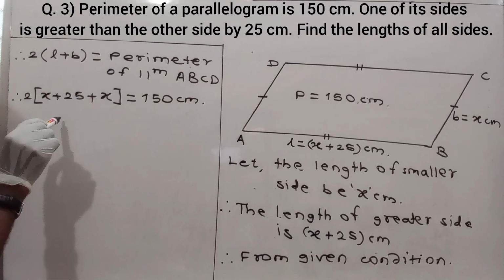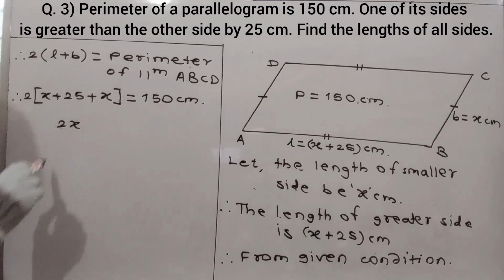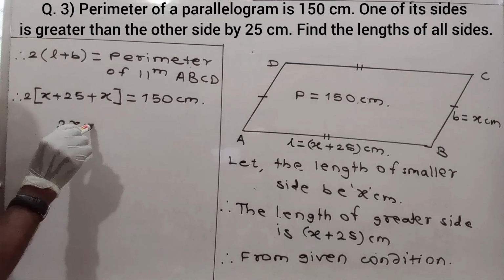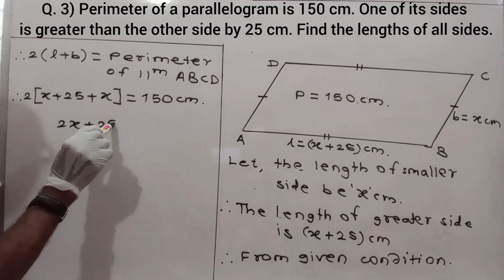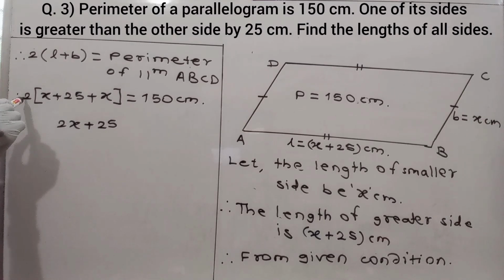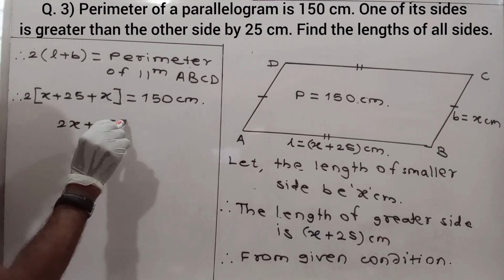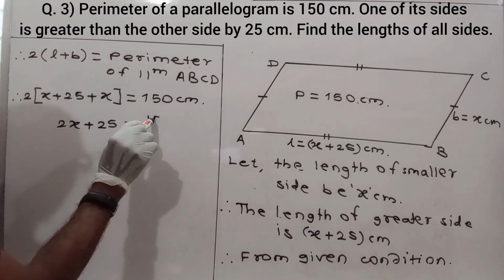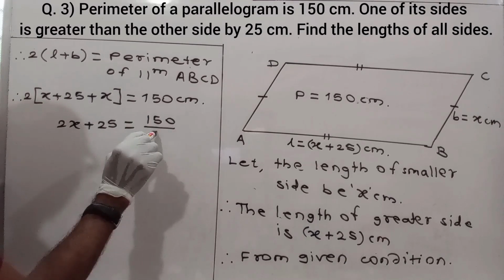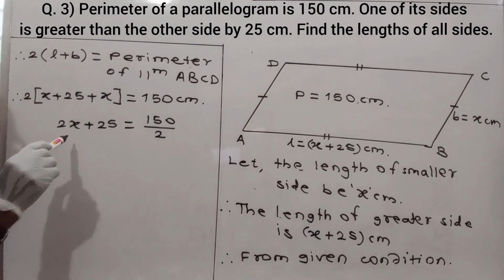Now x plus x, 2x plus 25. This 2 is multiplied here. We take to the right side. 150 upon 2 becomes divisor.